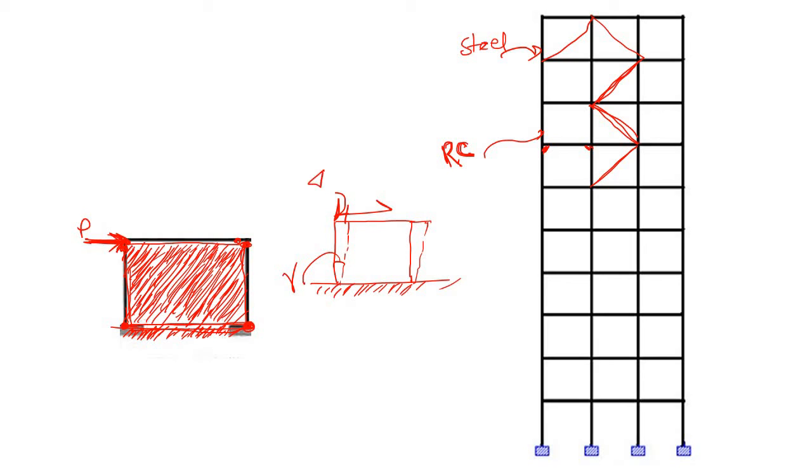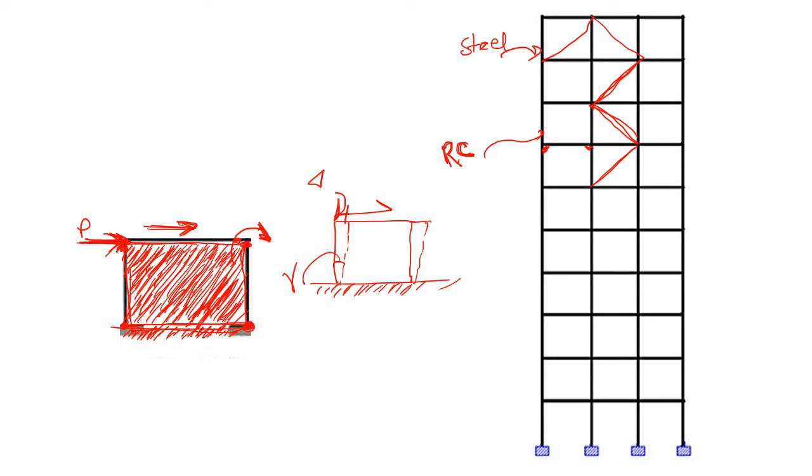This delta is going to be very small because it is very rigid and stiff along this plane, along this direction. You can easily bend this wall if you apply a moment like this, but that is not the case here. We are applying lateral load here, so it is going to serve our purpose very well.